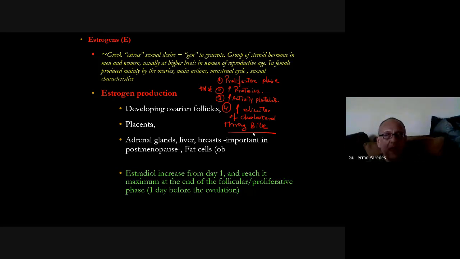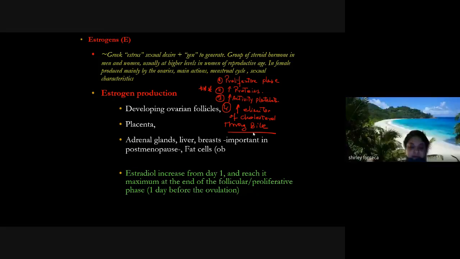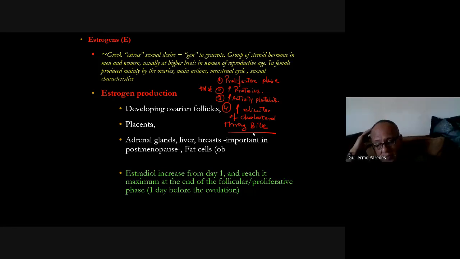So females are protected by estrogens. If you take the blood test of a female, they don't have high levels of cholesterol. Why? Because the estrogens help to eliminate the cholesterol through the bile. You okay with that? Yes. And proof of that is that the higher the levels of cholesterol, the higher the risk for myocardial infarction.